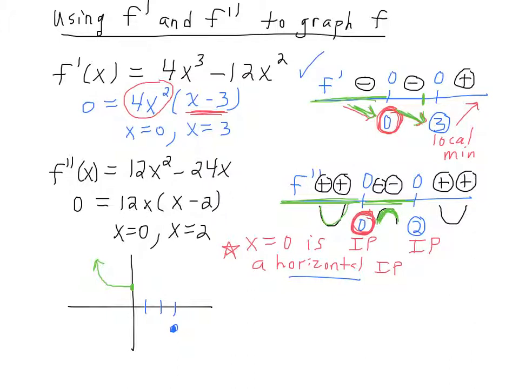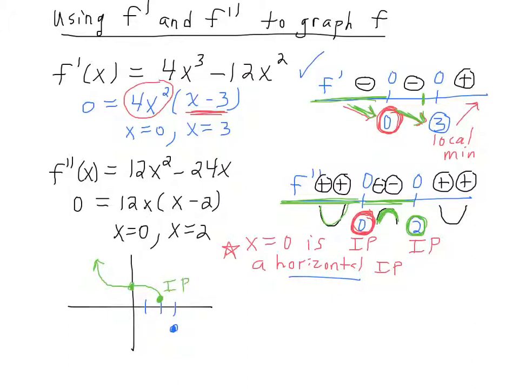And by the time we hit 2, we know the concavity is going to change. So we're going to draw something that's decreasing and bent downward. Again, we don't know exactly what the y value is going to be, but I'm going to darken this point here to show that that is really where my inflection point is.